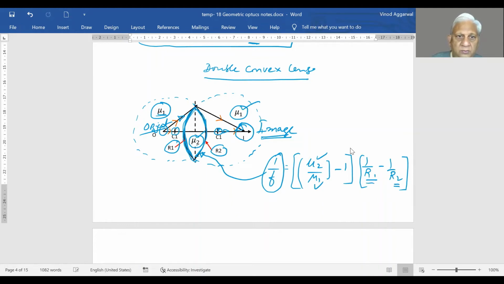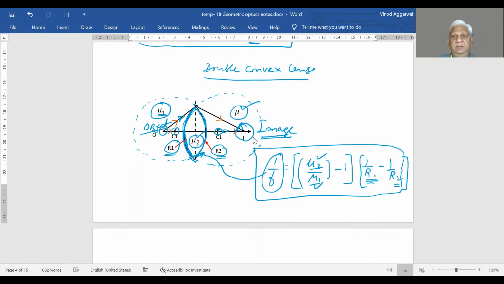R1 and R2 are the respective radius of curvature of two spherical surfaces. So we are not going to the derivation part of it, but as a relationship, we can see that 1 over f, 1 over focal length of this lens is equal to ratios of the refractive indexes minus 1 multiplied by difference of inverse of their radius of curvatures.